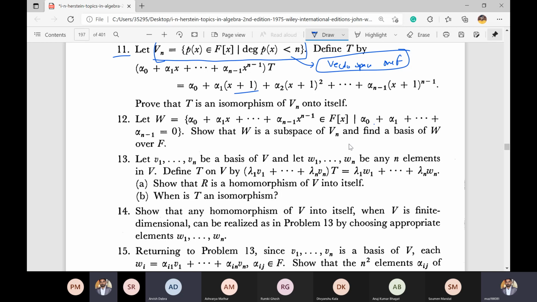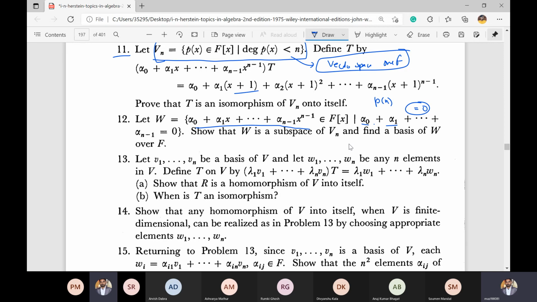Okay, just say again. I will write it so you will see. You said just take alpha 0. What does it mean? Let's visualize: the sum of the coefficients of that polynomial. All this is a polynomial. It means if you take any polynomial, the sum of the coefficients must be 0. That's what it is saying in language form.